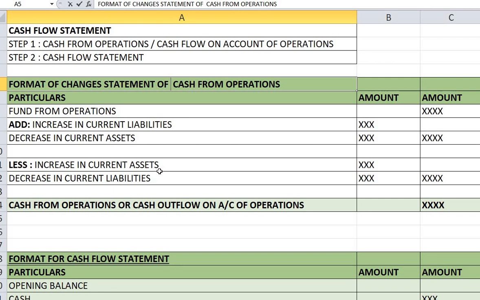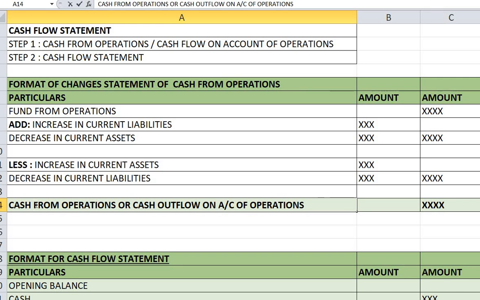If there is an increase in current asset from the previous year to the current year, that will be subtracted, and decrease in current liability will also be subtracted from the calculated figure. When you subtract that from the above amount, you will get a total figure. If it is a positive figure, it will be cash inflow from operation, or if it's a negative figure, it will be cash outflow from operation.